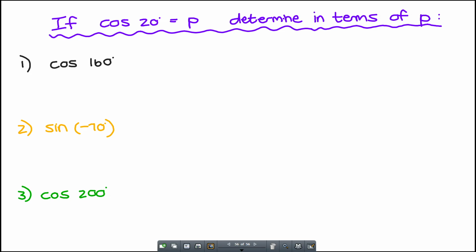Okay. Nou. They want it in terms of P. Met ander woorde, jy gaan nie net 'n antwoord hê soos 20 of 4 of verstaan. It would have P in the answer. Nee. Okay. Now, from that very first part, cos 20 is equal to P. You could actually have drawn a little triangle.